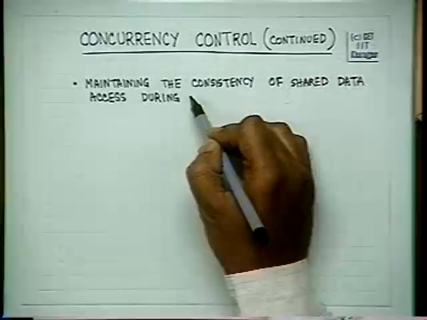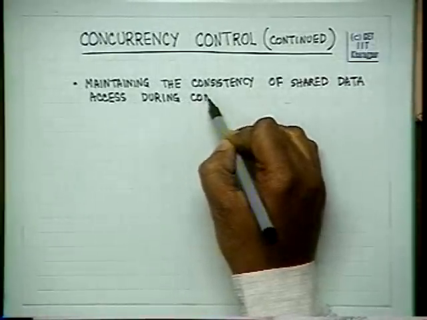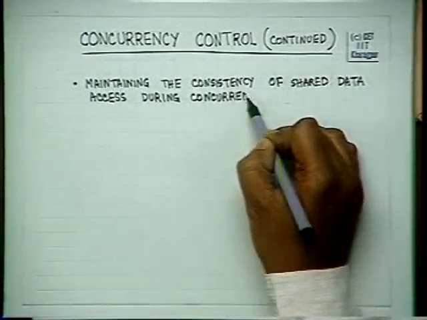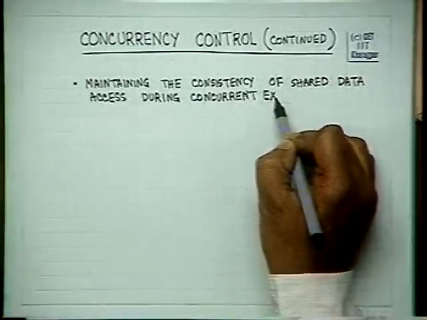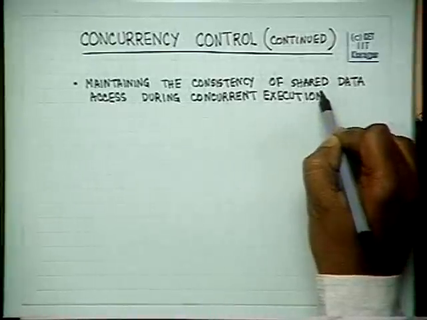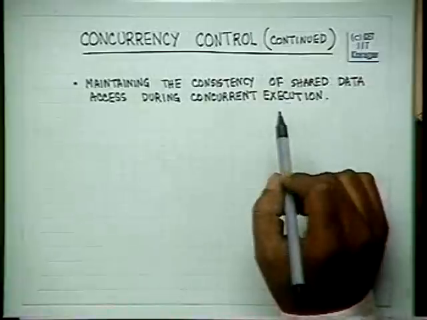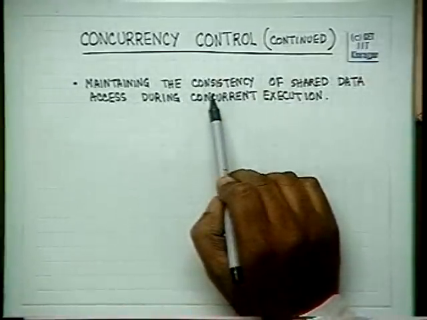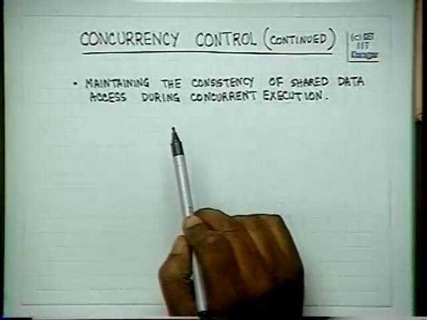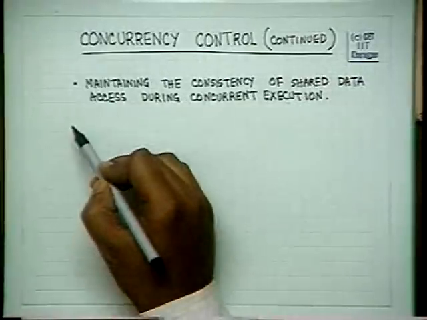This is the primary concern. The primary concern of concurrency control mechanisms in databases is that of maintaining the consistency of shared data access during concurrent execution, and we have discussed this issue in details.